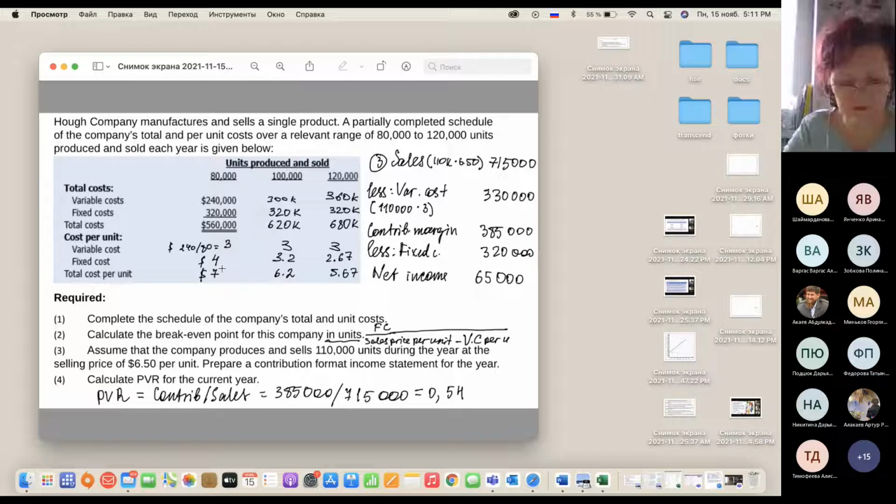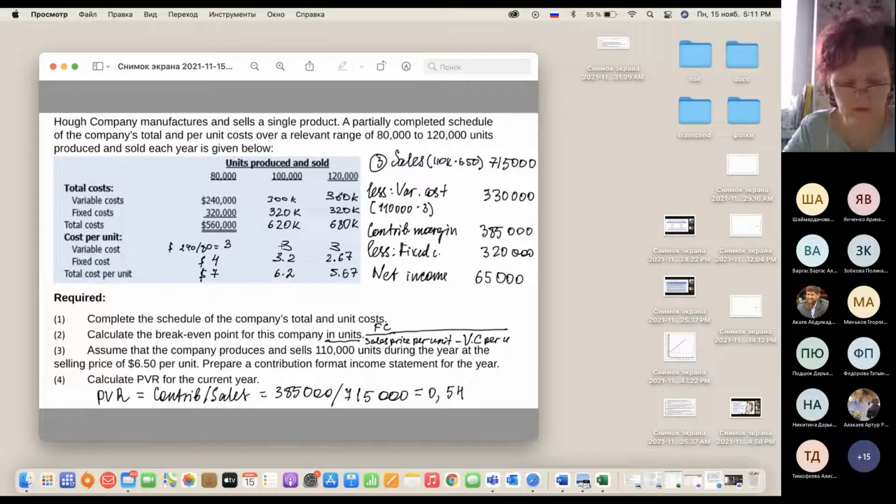Then total cost per unit, I just summed them up. So then our fixed costs are the same for all number of units produced and sold. So these two are $320,000. And then how I counted fixed costs per unit, I divided these numbers by units sold and got 3.2 and 2.67.